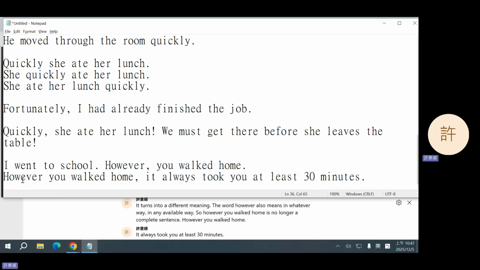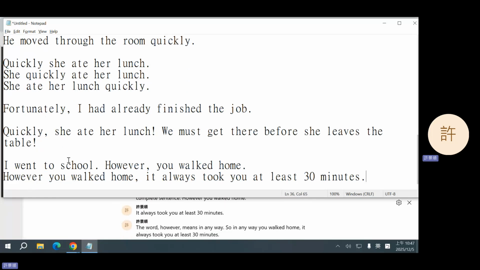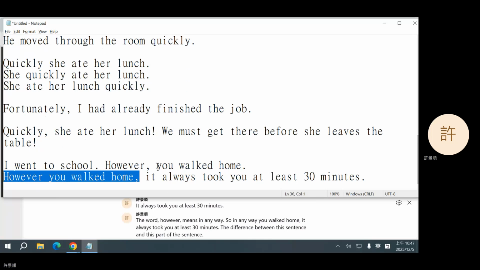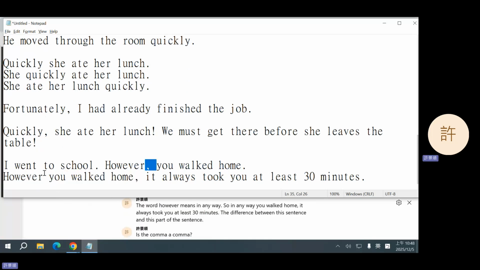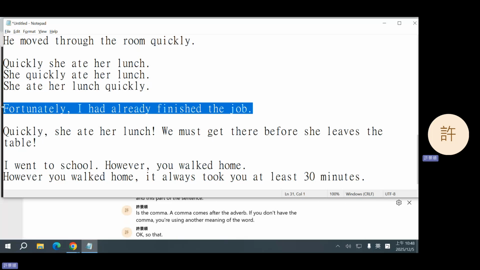The word however means in any way. So in any way you walked home, it always took you at least 30 minutes. The difference between this sentence and this part of the sentence is the comma. A comma comes after the adverb. If you don't have the comma, you're using another meaning of the word. Okay, so that's the importance of the comma.